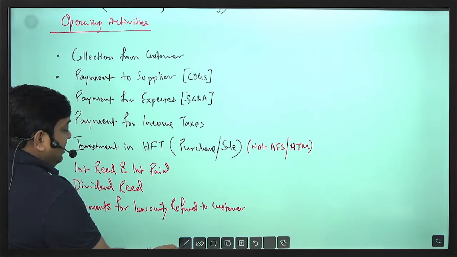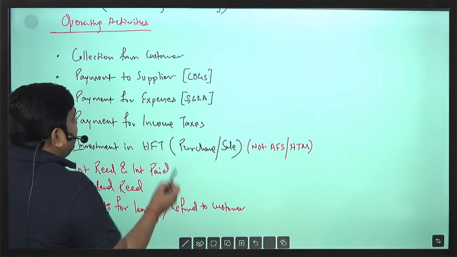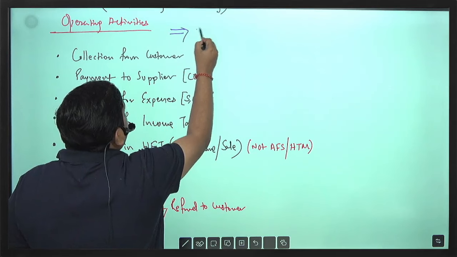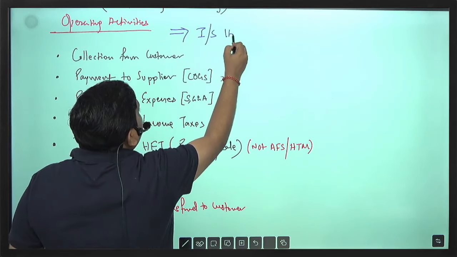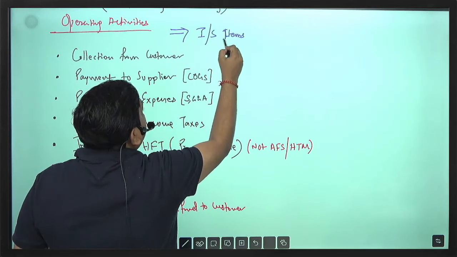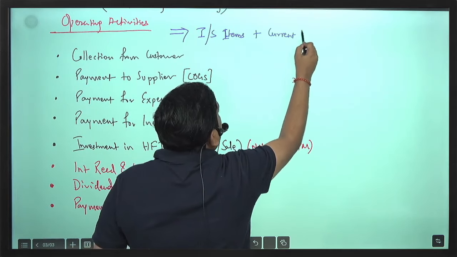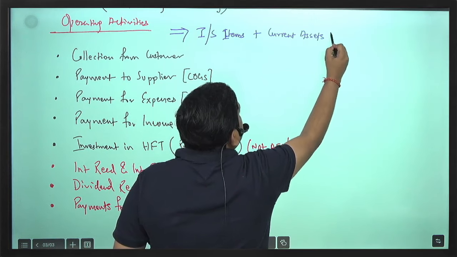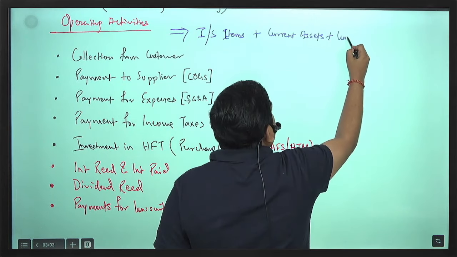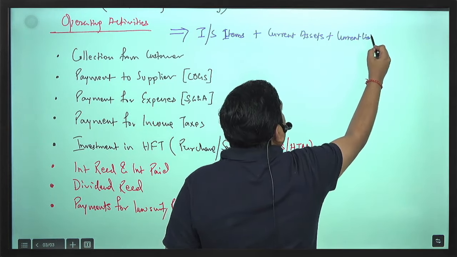So basically, when I talk about operating activity, I mean income statement items plus current assets plus current liabilities.